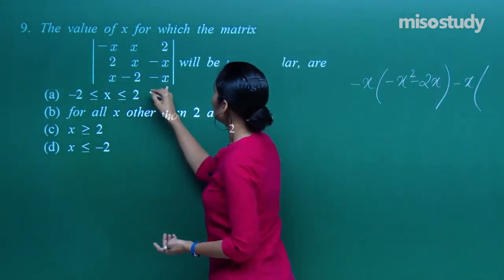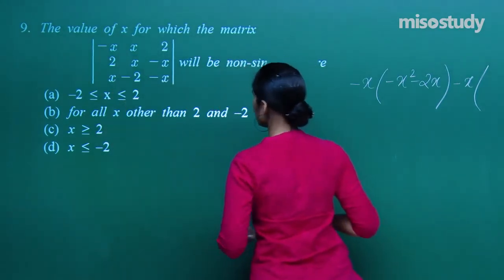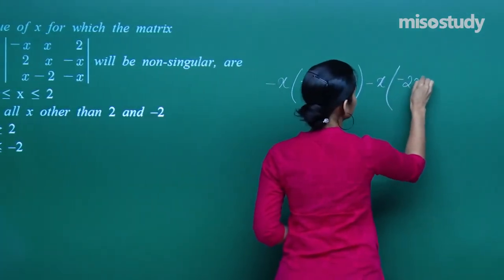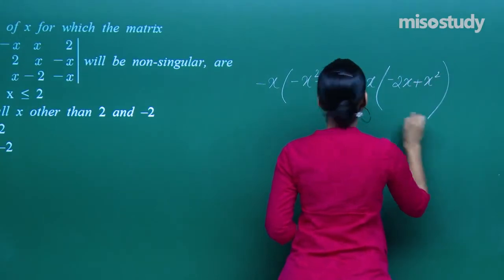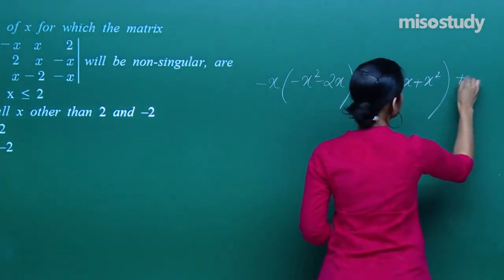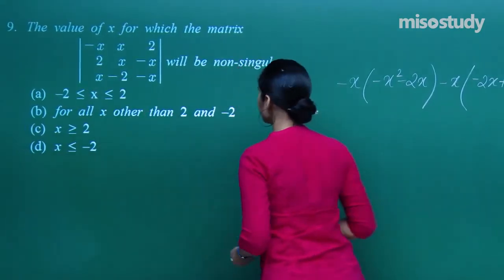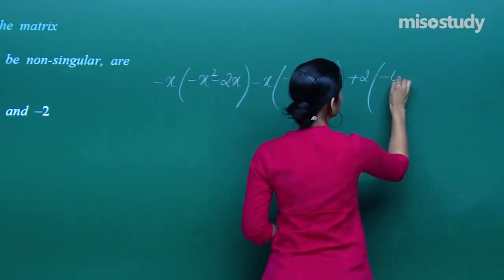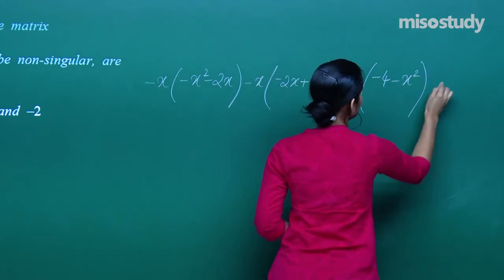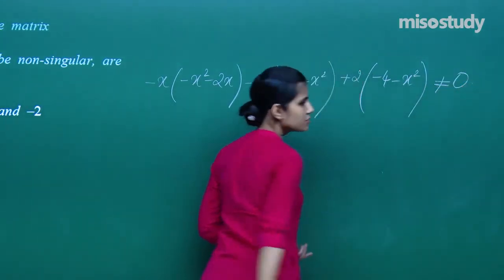Here you have minus 2x plus x square, and then you have plus 2 minus 4 minus x square. This determinant is not equal to 0, it's given to you.